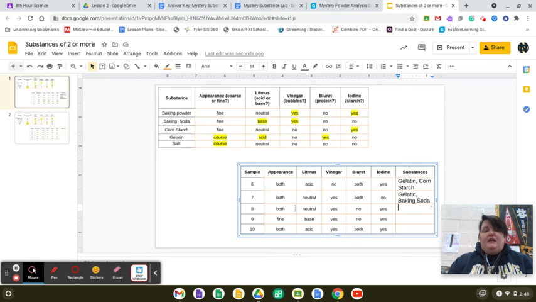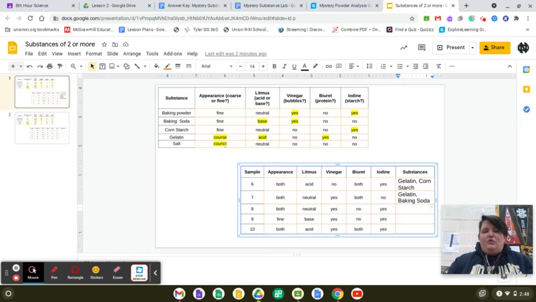That's the litmus, sorry. Now we move on to appearance. Appearance says both. So again, both means I'm going to have a fine and I'm going to have a coarse. Well, in order for that to work, and we're saying we're neutral, neutral, neutral, then we've got to kind of equal that all out. So I need a fine and a coarse. Well, this neutral is fine. This neutral is fine.